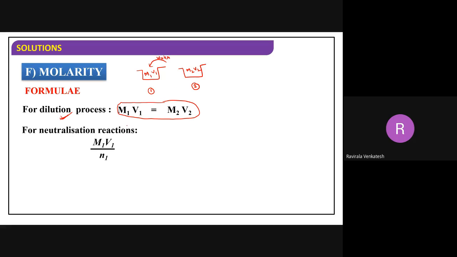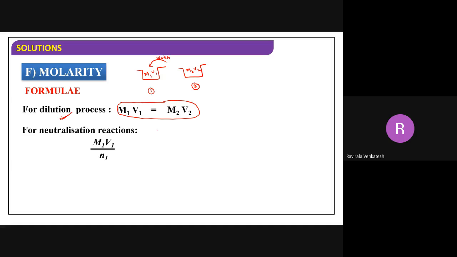Next, neutralization reaction, beta. Neutralization reaction means, anybody knows? Varsha, can you say what is a neutralization reaction? Do you know?